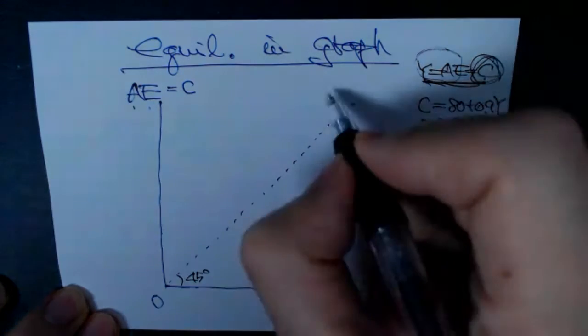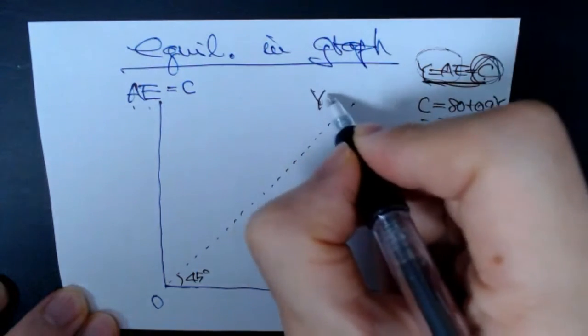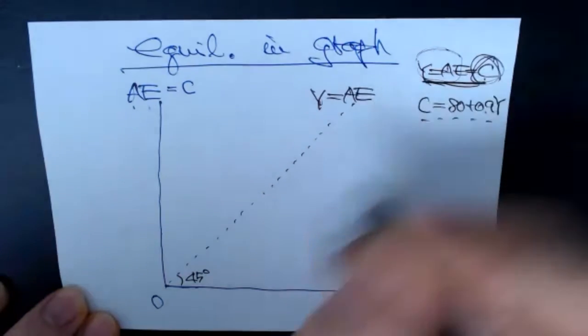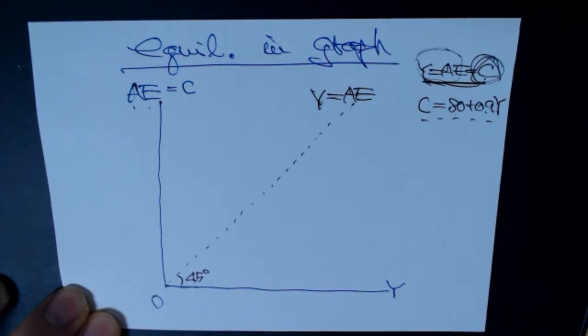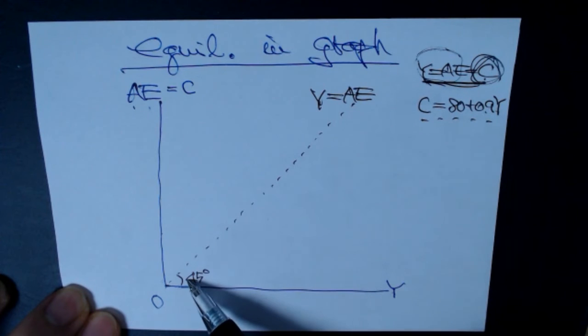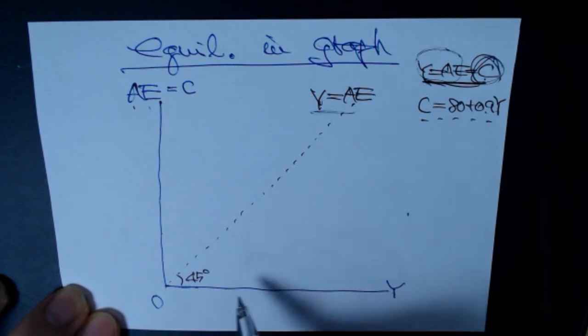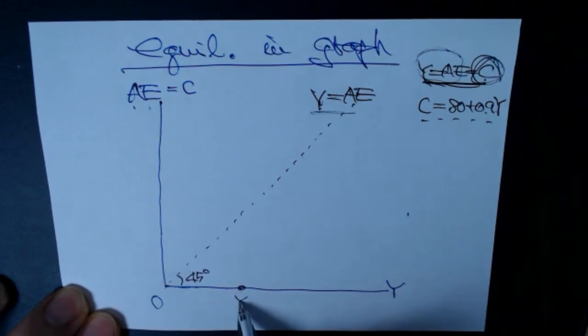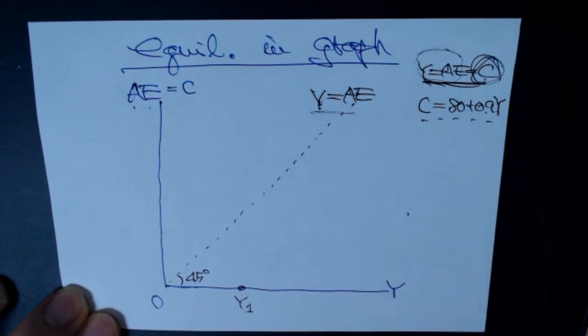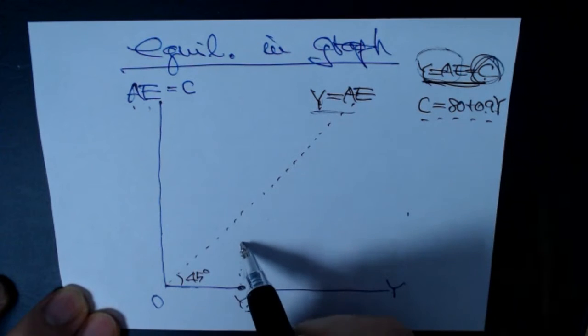And this 45-degree line satisfies the condition Y equals AE. Let's think about why this 45-degree line satisfies this condition. Now you can assume Y1, and then move up.